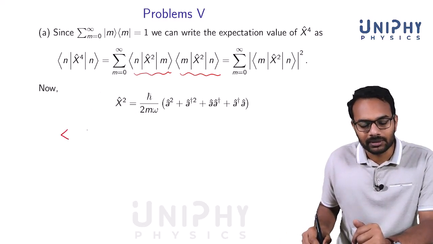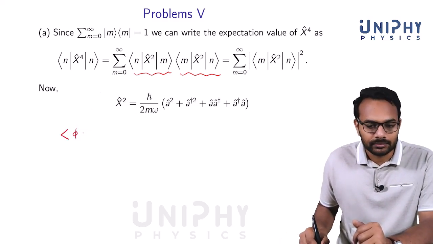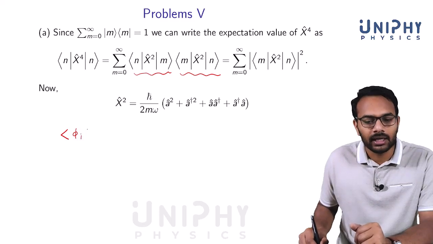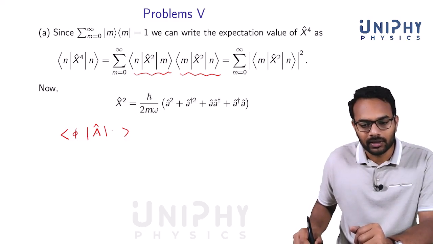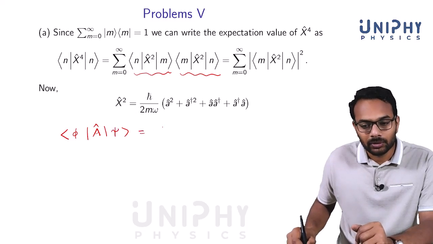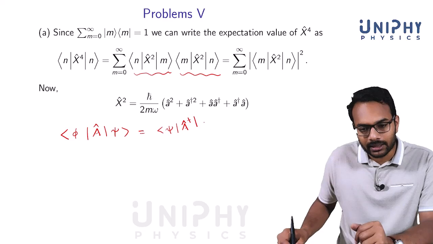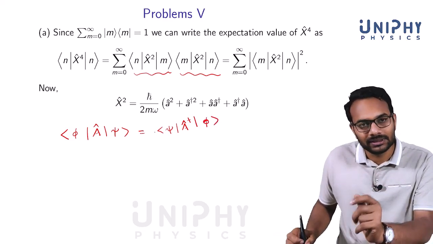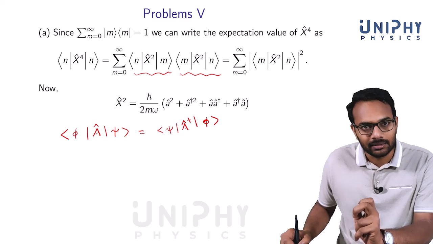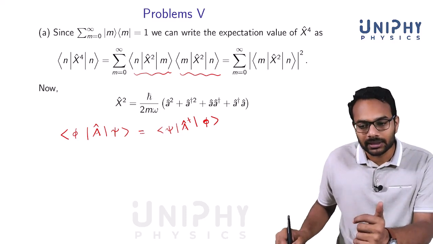If you have something like ⟨φ|A|ψ⟩, we know that there's this relation with A dagger: if we switch these things, you get an extra dagger, and there's a star here.